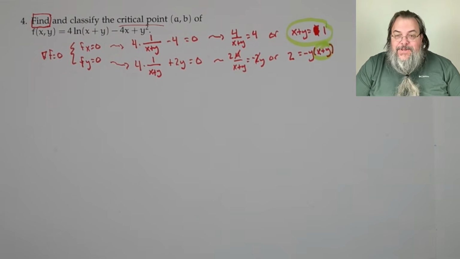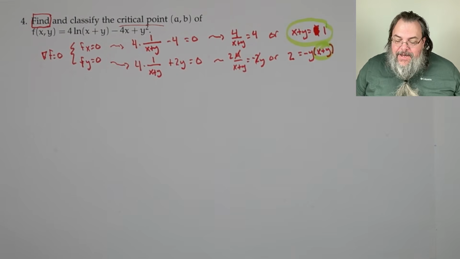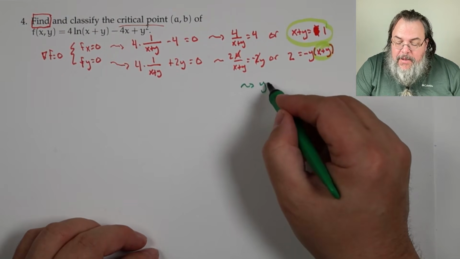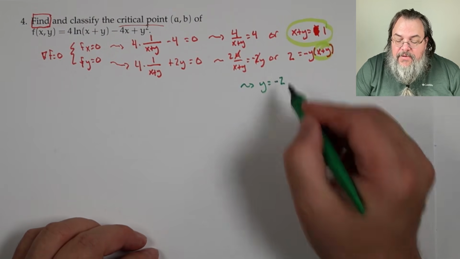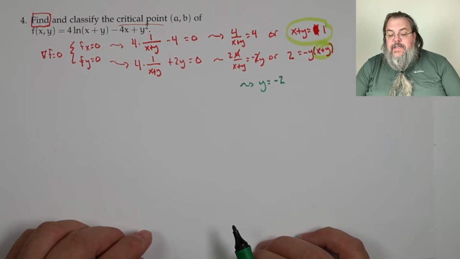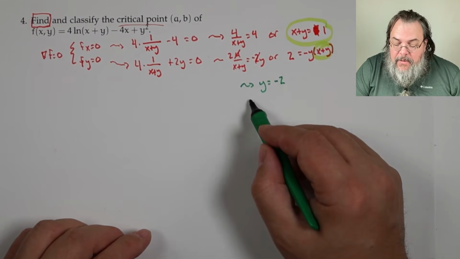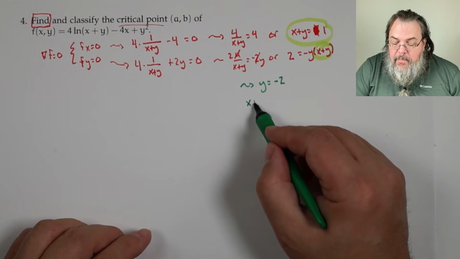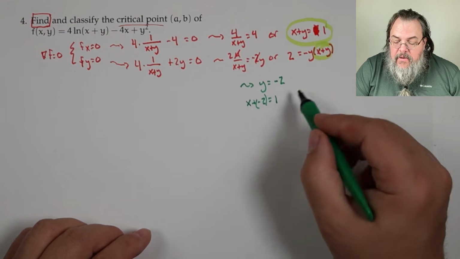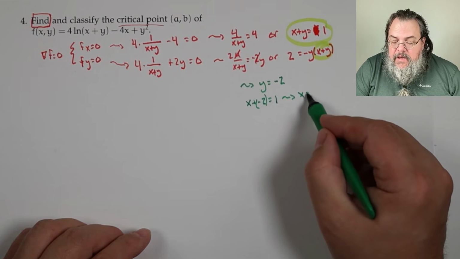So, what do you get? If x plus y equals 1, that tells us then that y must be negative 2. All right, well, if y is negative 2, then x plus negative 2 equals 1. So that tells us that x equals 3.